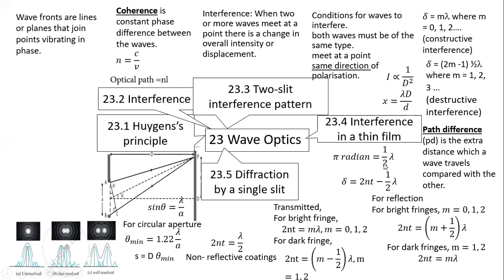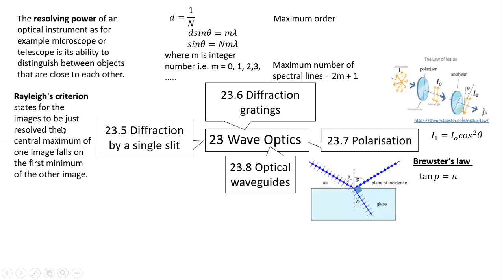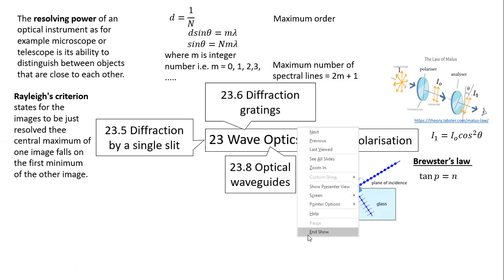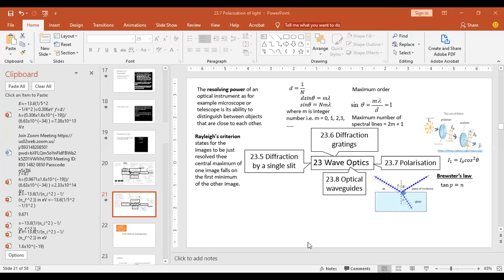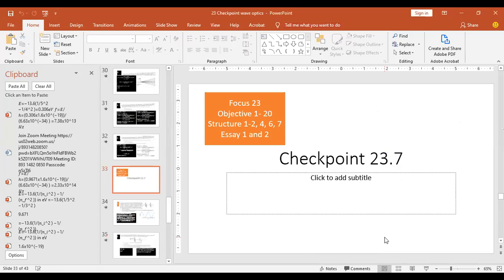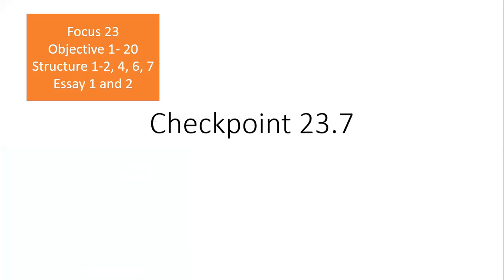So all these things you need to remember, our latest ones are here: Brewster's law, Malus's law. Checkpoint 23.7.